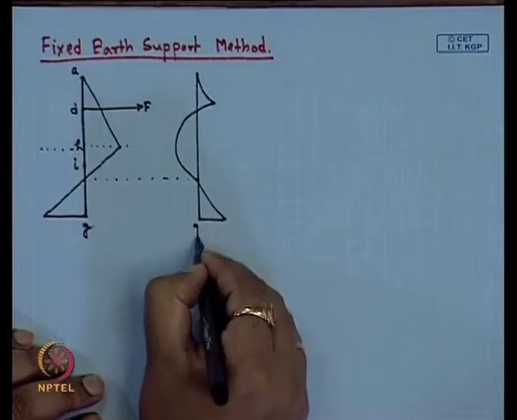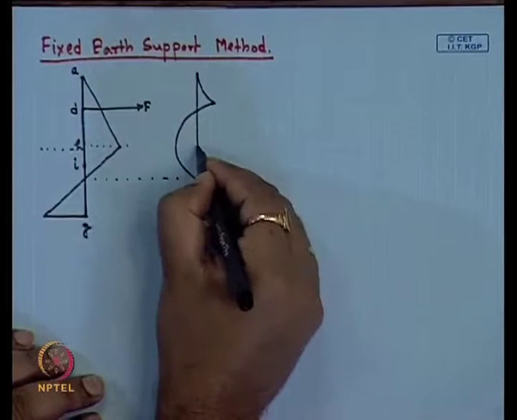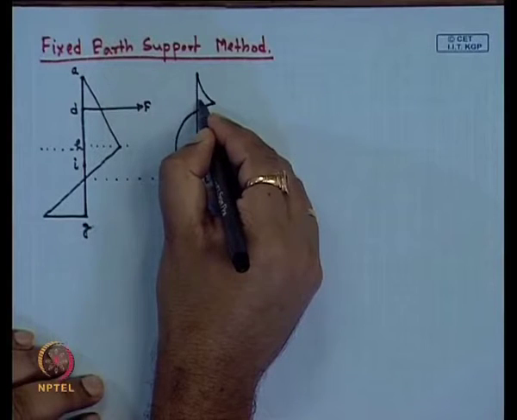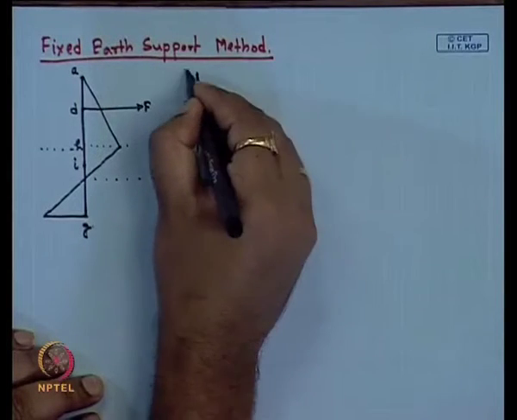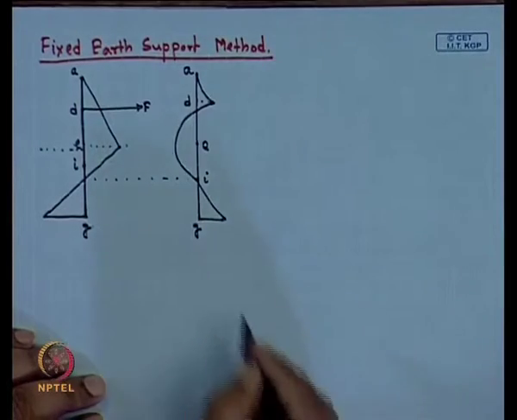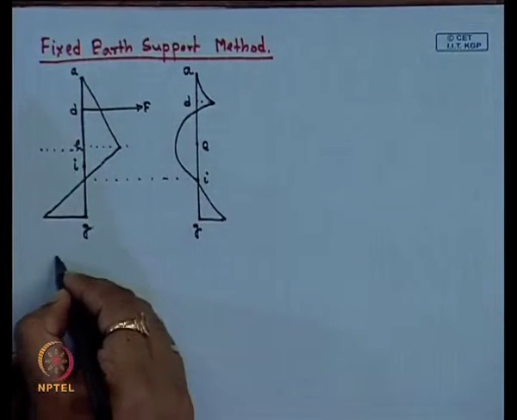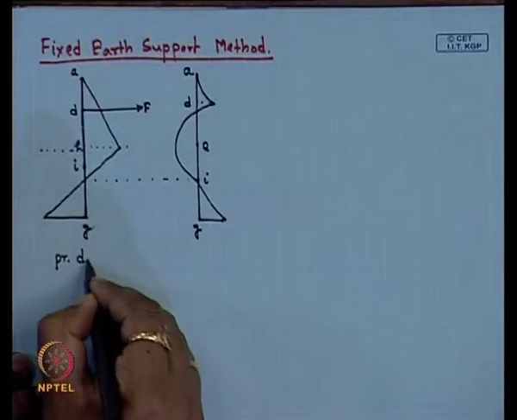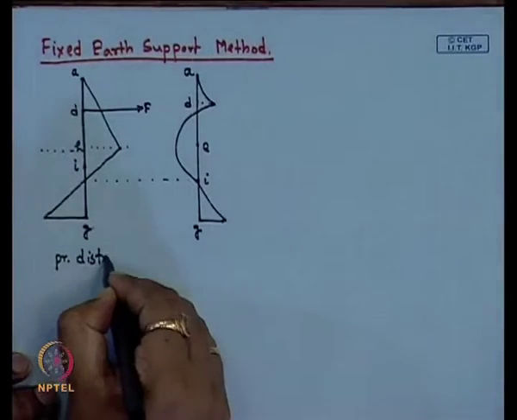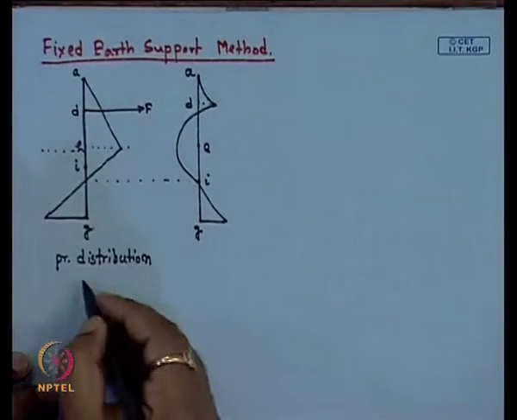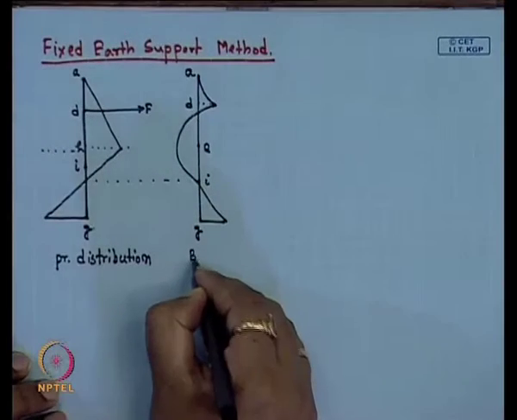So, this is G, again this is the I point, this is the E point, and this is where it is maximum, the D point, and this is the A point. So, this is the pressure distribution and this is the BMD.